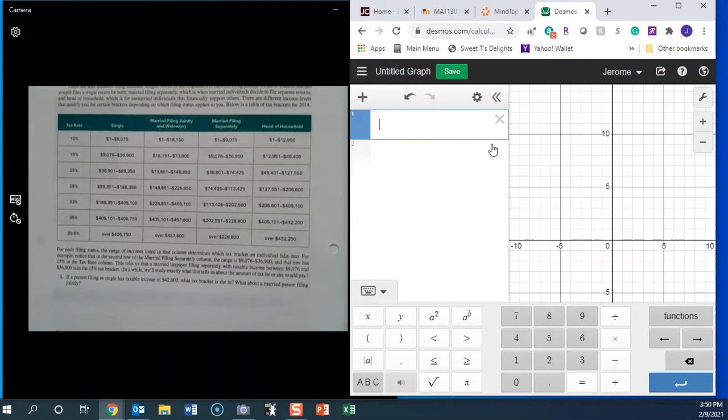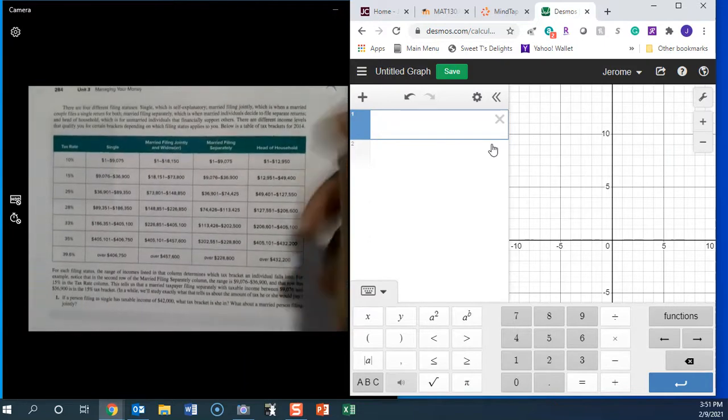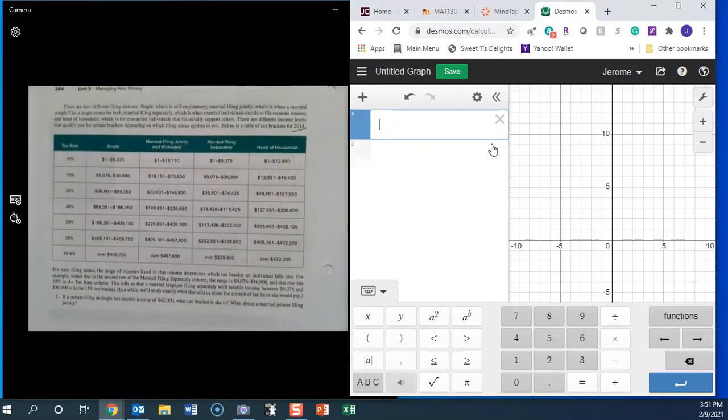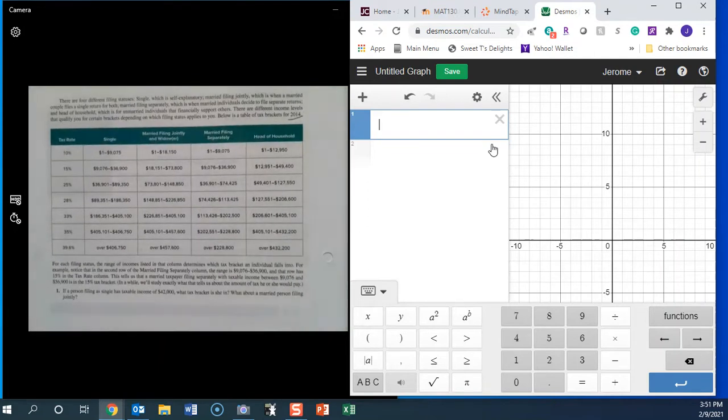We're given this table. I believe this table is from 2014, and our tax laws have changed. So this is kind of outdated, but we can use it for the class.